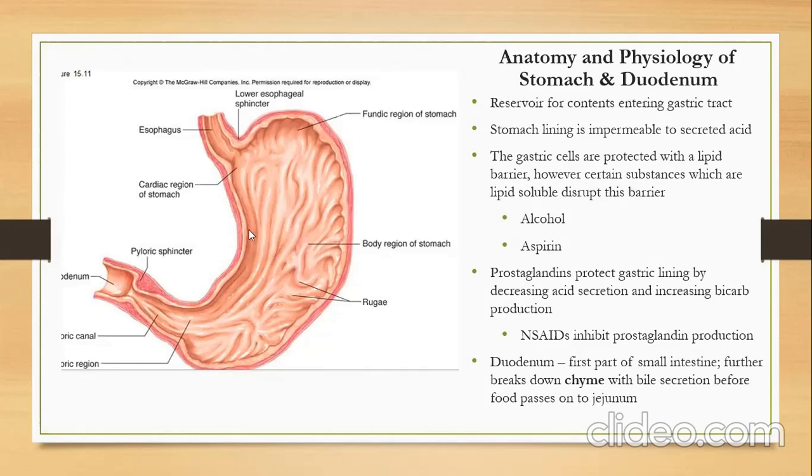A J tube is going to the jejunum, which is essentially part of the small intestines where nutrients are absorbed. Therefore, the diet for someone with a J tube, and there are different precautions with a J tube versus a G tube. And we'll talk about that next week, okay?